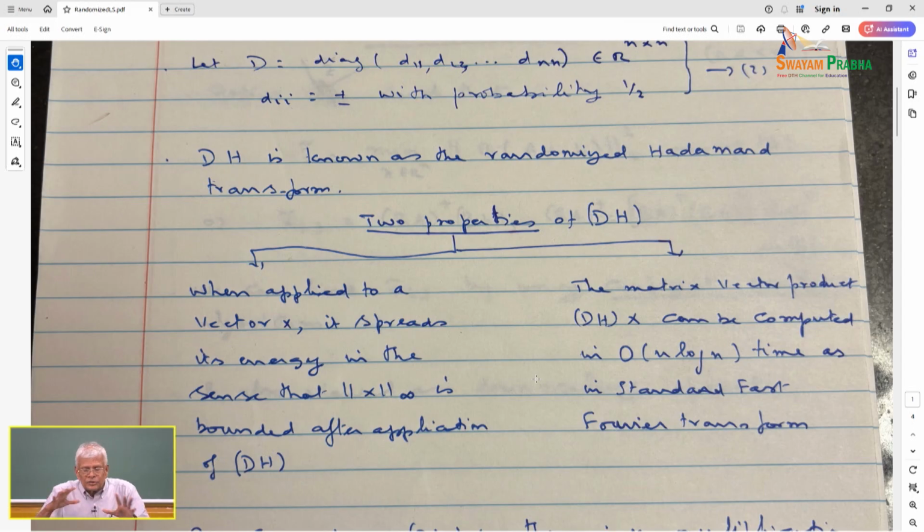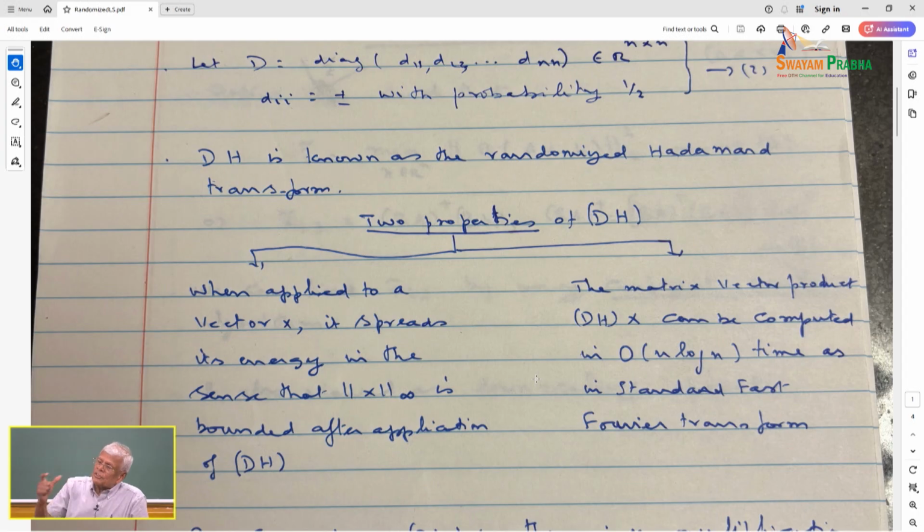So, it is this distribution of the energy across the rows and across the columns that was exploited to the benefit of designing random sampling based algorithms in randomized linear algebra.